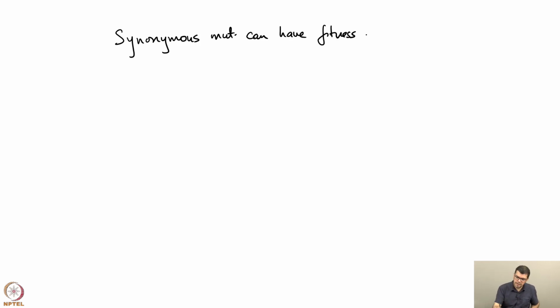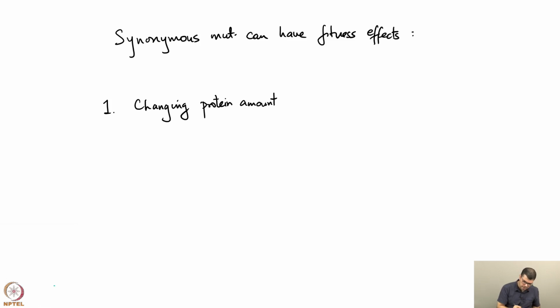Synonymous mutations can have fitness effects, and they do this by, one, changing protein amount, and this protein amount can be changed via several different ways. First, by altered stability of mRNA. As a result, if stability decreases, that means you have lesser mRNA and you get less protein.